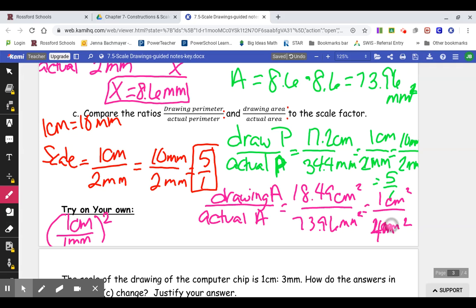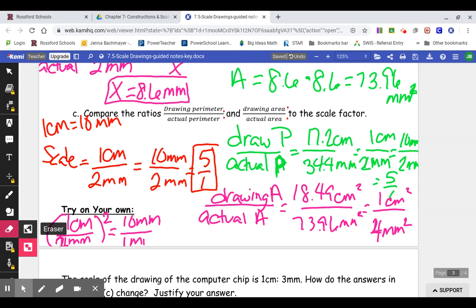Man, messing up all over today on this. This should be millimeters. So I have 1 centimeter to 1 millimeter squared, so I'm able to undo that. And because 1 centimeter equals 10 millimeters, I'm still going to have a 10 to 1, or this is 2 because this was 4 over there.